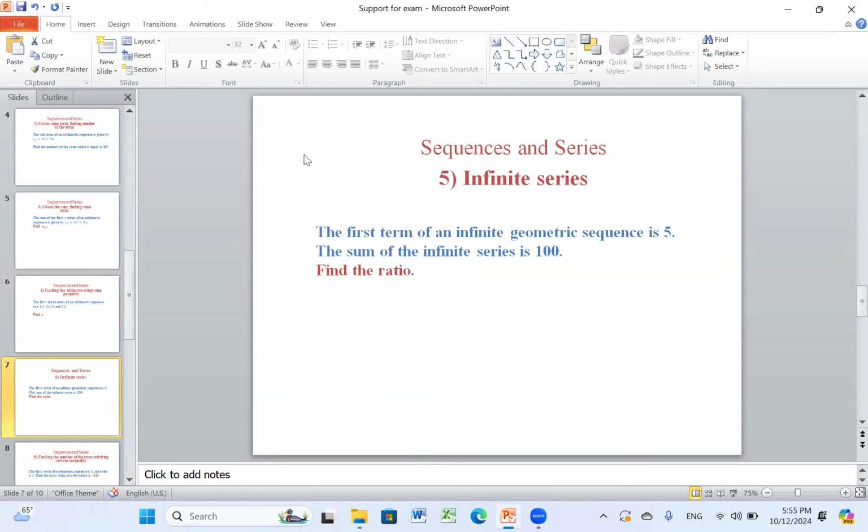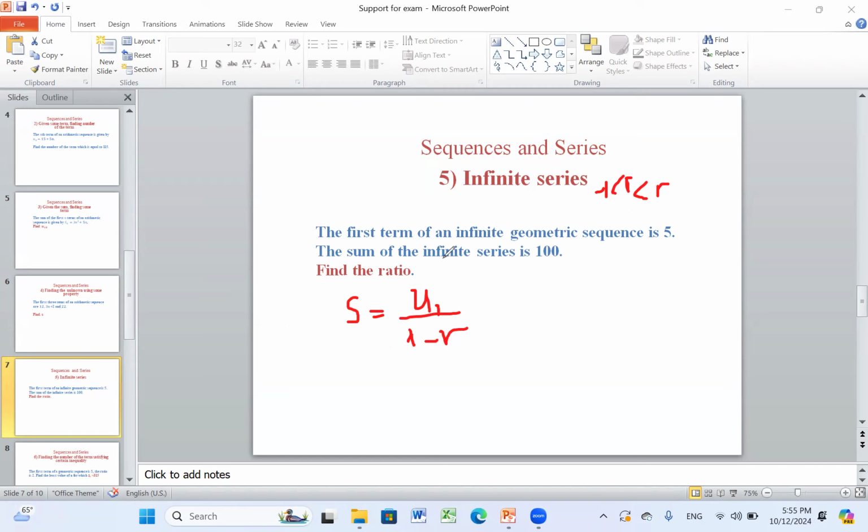Another topic here is infinite series. We studied this topic, the sum of an infinite series when the ratio is between -1 and 1. We know that the sum formula is U1 divided by 1 minus r. So this is a typical question which requires knowledge of this formula.